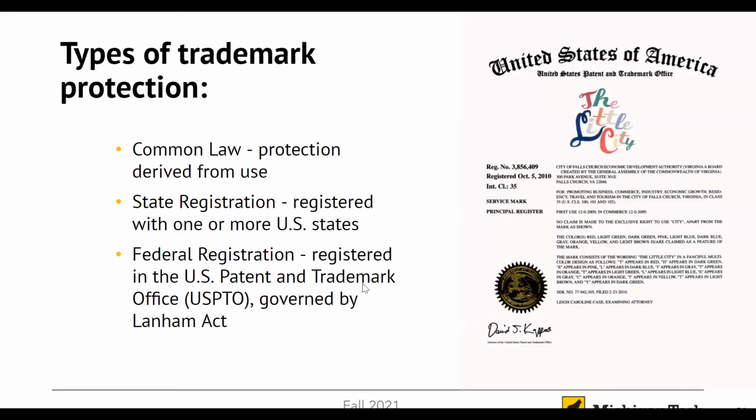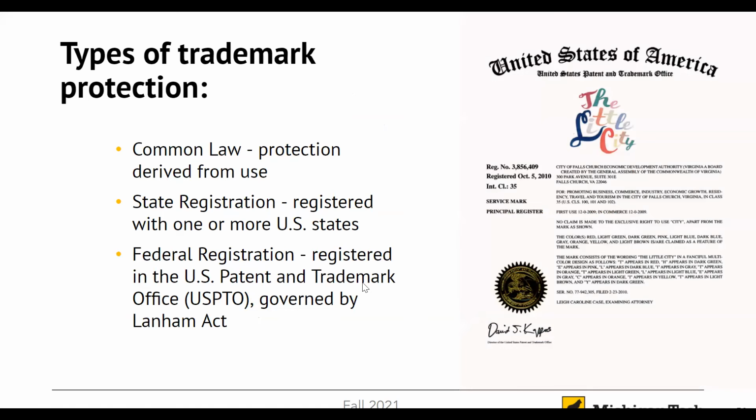So there's an interesting type of trademark protection called common law protection. This is protection derived from use. If you have a company and you have a logo, you don't have to trademark that logo necessarily. You can use your logo. If you continue to use it, you have some protection under the law.